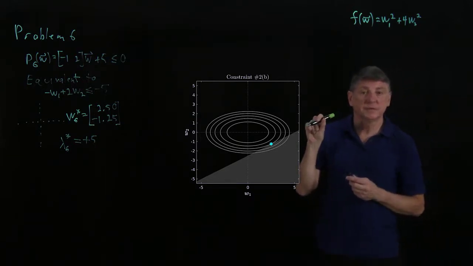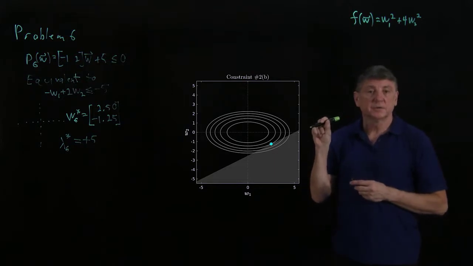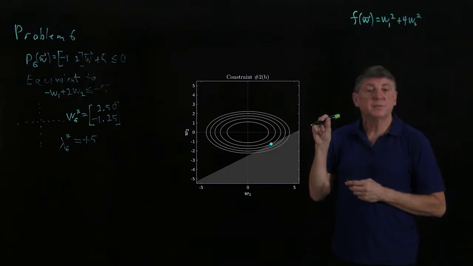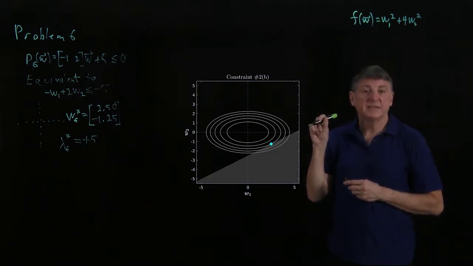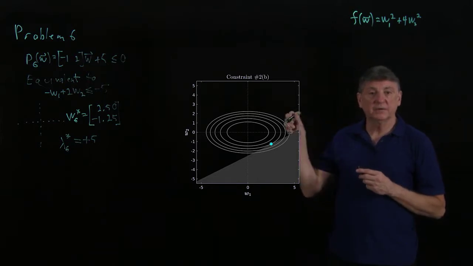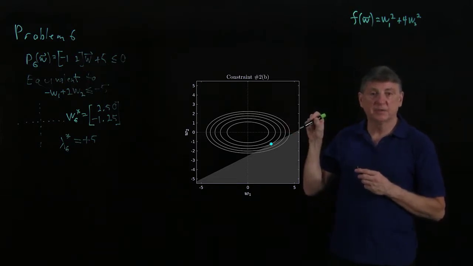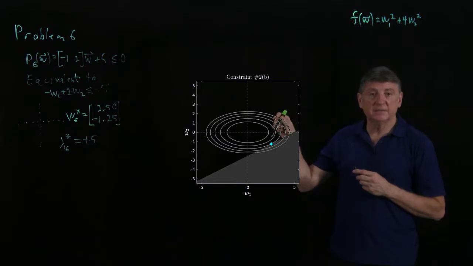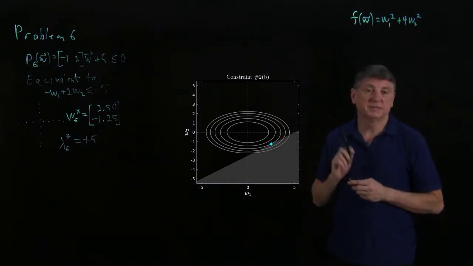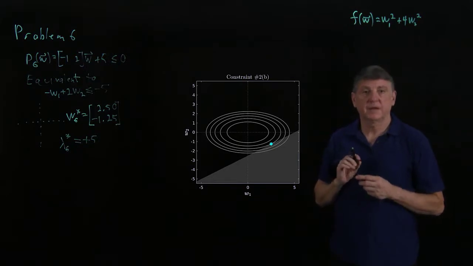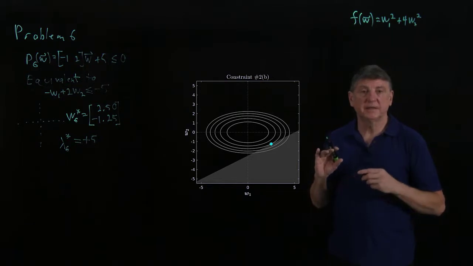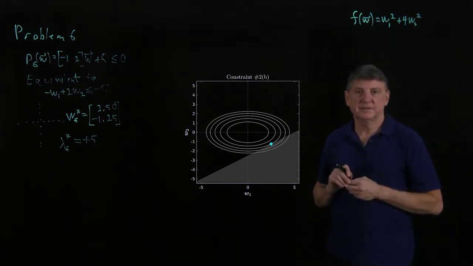So for this single constraint, the solution to the constrained optimization problem is a boundary point, and that's why we can solve it as an equality problem for just this one. So when we work this out, if we take any point along this boundary, this point here is the one that has the minimum objective level that we want. So now we've looked at each one of these two constraints independently. Let's combine the constraints.